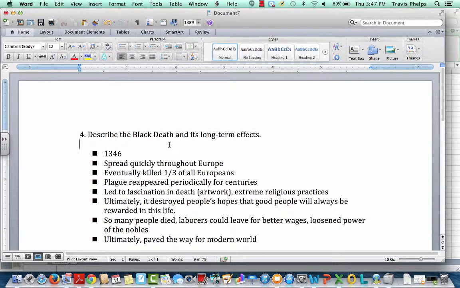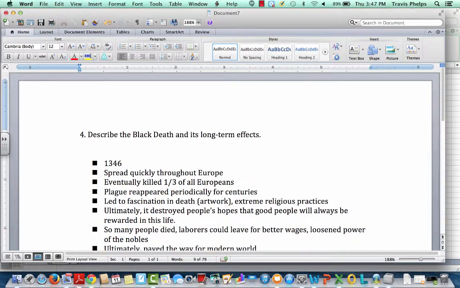So I don't need to wipe out this. I can start writing right here. The Black Death hit Europe in 1346 and spread very quickly throughout the continent.